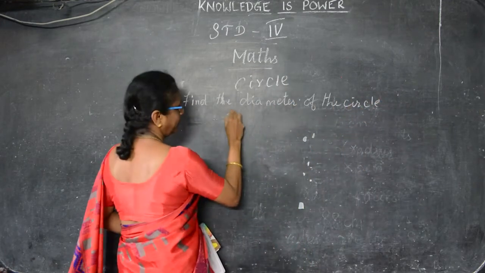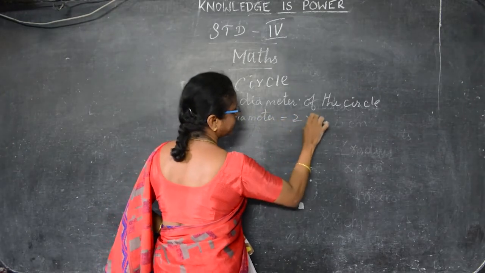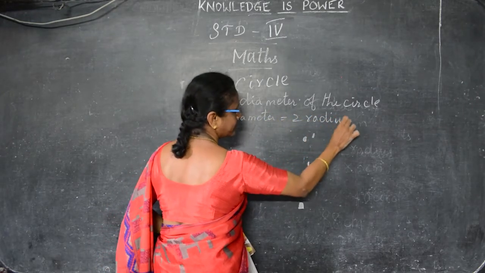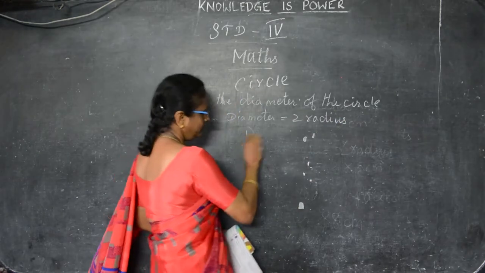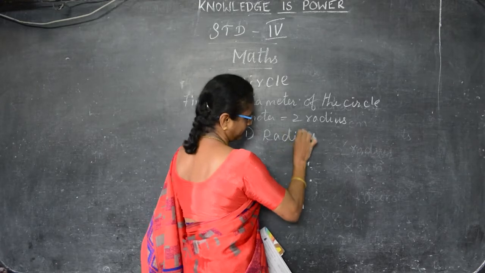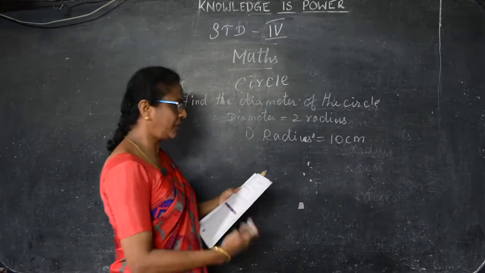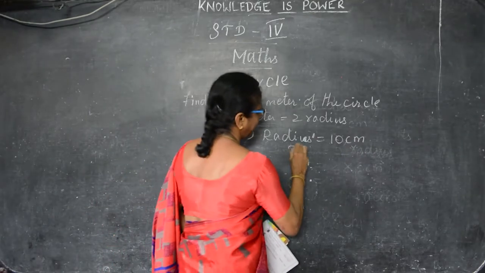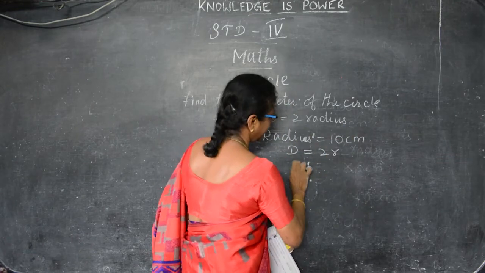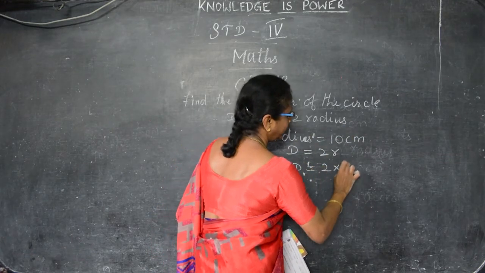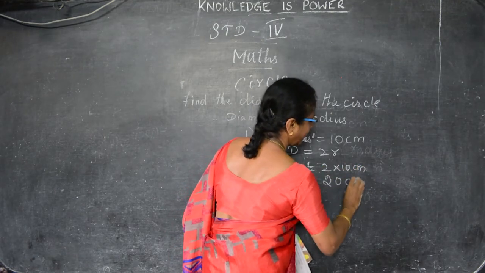What did I say? Diameter is equal to 2 radius. 2 radius means 2 into radius. You have to multiply the number they gave by 2. They have given the radius as 10 centimeter. If you want to find the diameter, d is equal to 2r. This is 2 radius. That is d is equal to 2 into 10, that is equal to 2 tens are 20 centimeter.